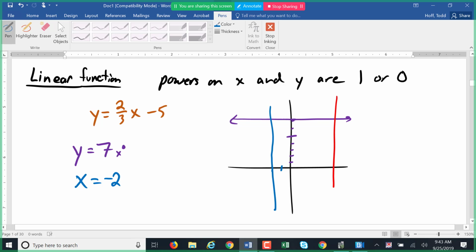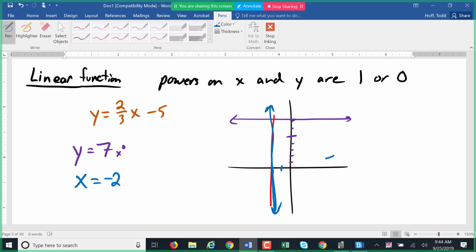It's a vertical line, so it's still linear, but it's not a function. Because when I do the vertical line test, the line doesn't cross the graph, doesn't cross it, now it lays right on top of it. So it touches the graph in an infinite number of points. That is not a function. So it's still linear, just not a linear function.